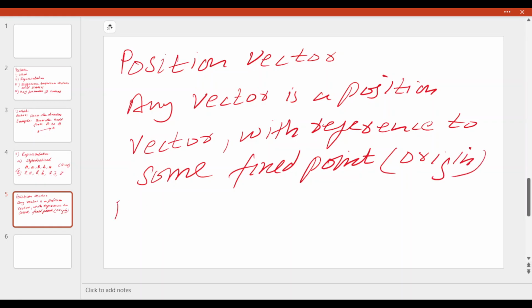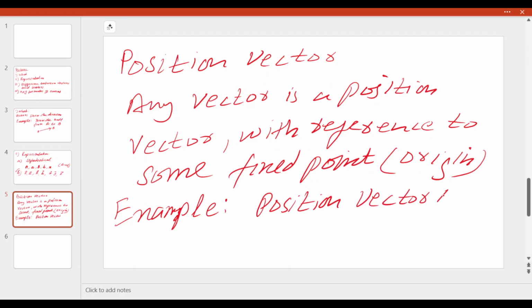For example, position vector A. This becomes a very laborious, tedious task. We just simply show OA. So whenever we represent a position vector, let's say a position vector A, we write it as OA with reference to the origin O.